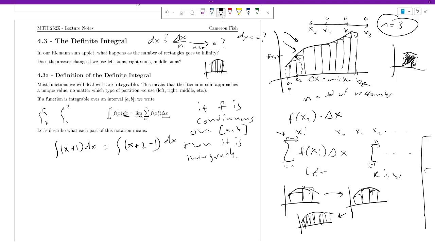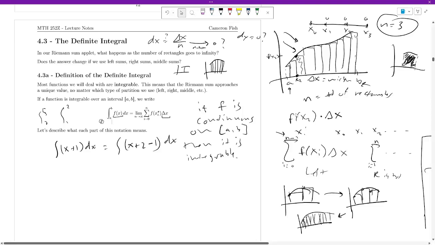If this is an infinitely thin rectangle, and this is the height at a point x, then the height at the point x times the width of an infinitely thin rectangle is the infinitesimal area of that rectangle. Don't take it too seriously, in math class at least. If you do physics or engineering, sometimes they take that a little more seriously. But I would say just think of it as brackets around your integrand.